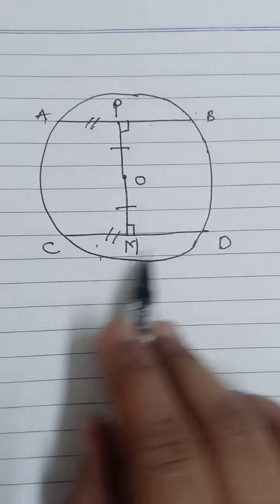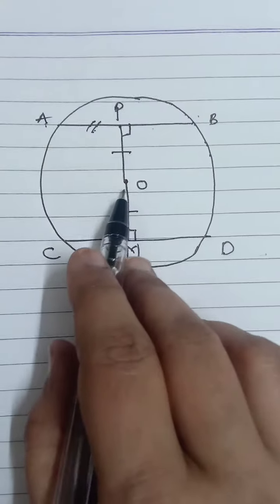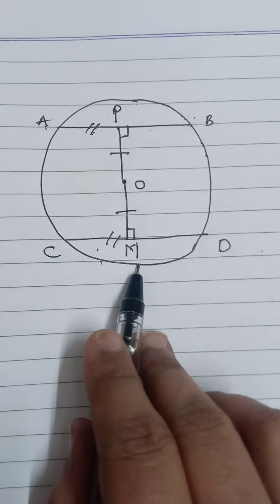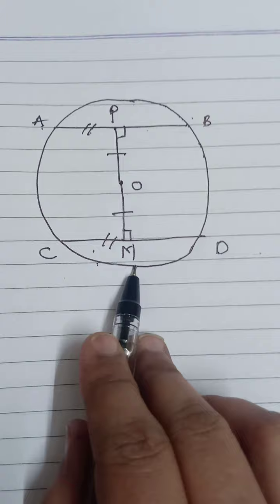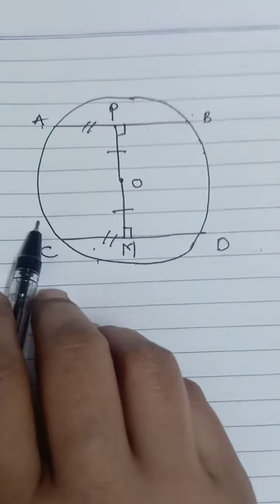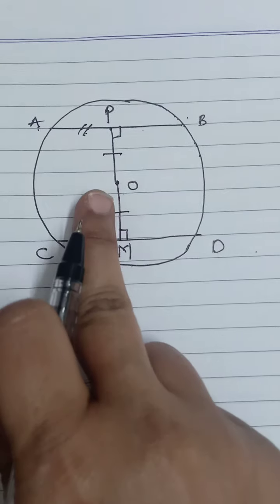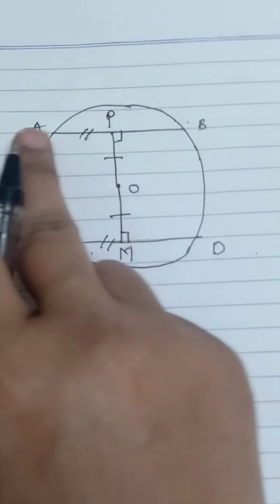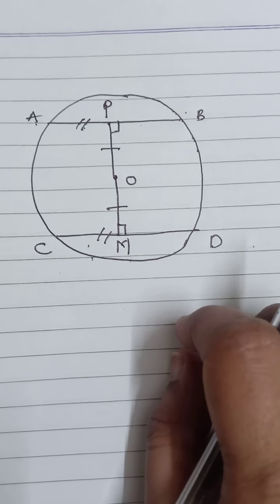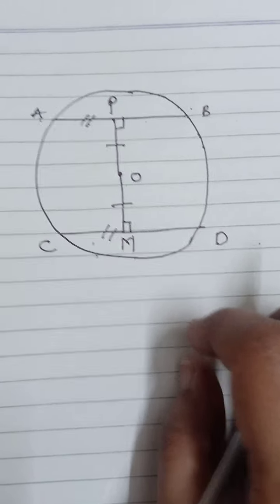That means if chord AB is congruent to chord CD, then distance OP will be congruent to distance OM. So you have to remember this property. If the chords are congruent, then their distances will be congruent. And the other way, if the distances are congruent, then the chords will also be congruent. Only this property we have to use to solve the sum of practice set 6.2.